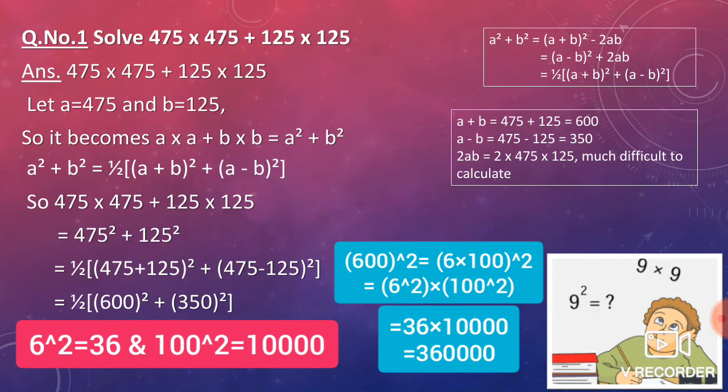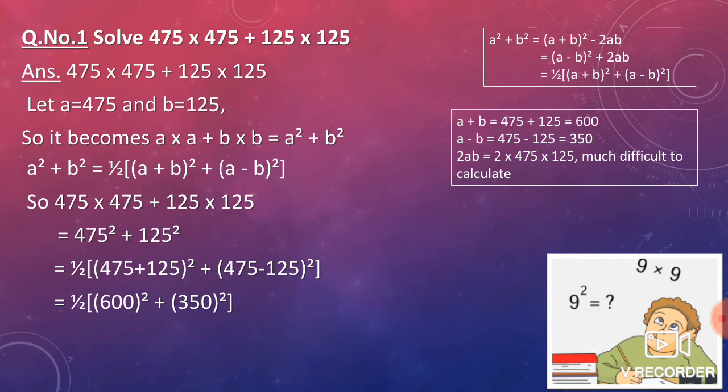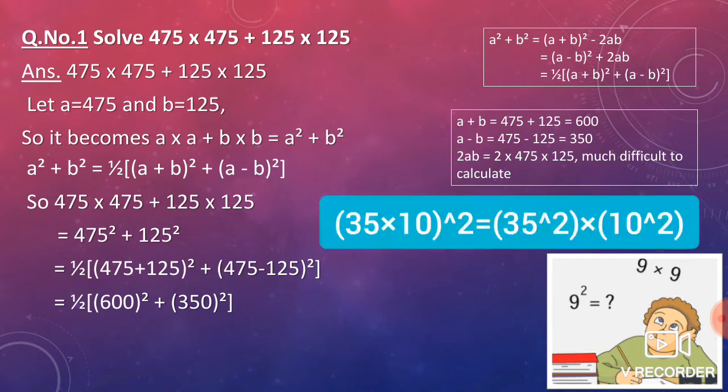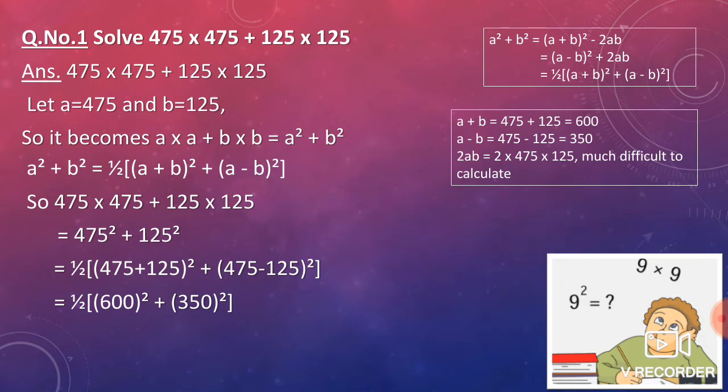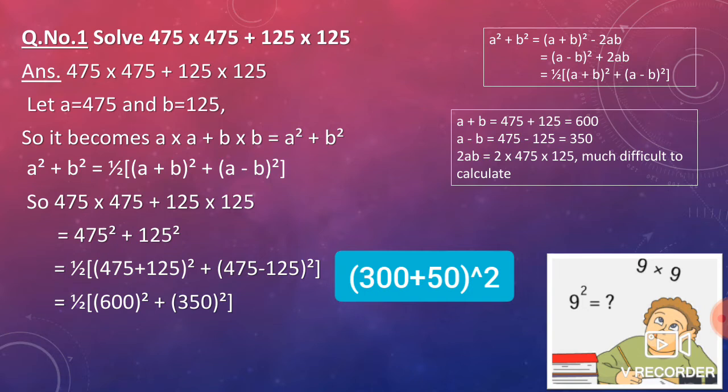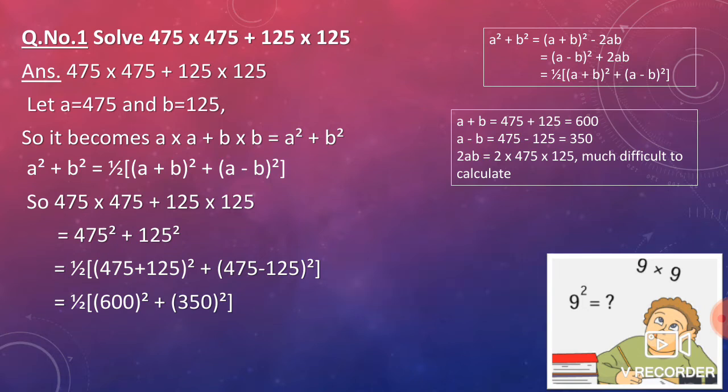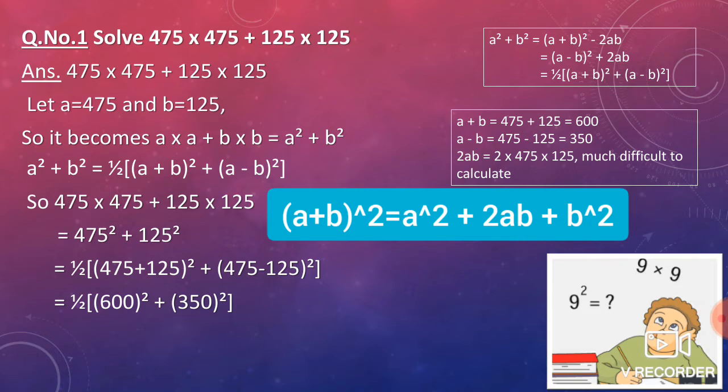In the same way, let's see 350 square. We can calculate 350 square in two ways. We can take it like 600 square, that is 35 square into 10 square, and find 35 square. Or we can write it as 300 plus 50 the whole square, using the formula a plus b whole square, that is a square plus 2ab plus b square.